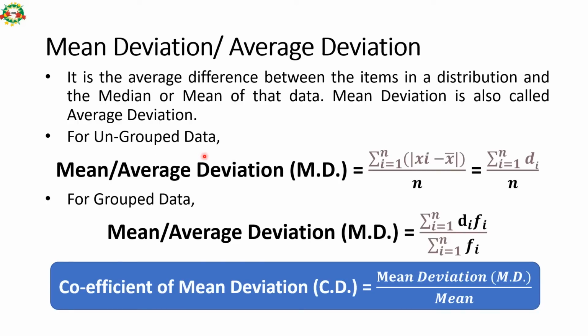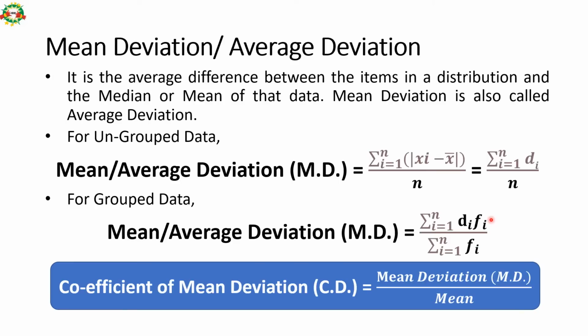In case of ungrouped data, mean deviation MD is equal to this formula. Just remember it. You have to remember this formula, right? And for average deviation, this is the second formula. Just remember it. There is no derivation, and let us not discuss the derivation of this formula.